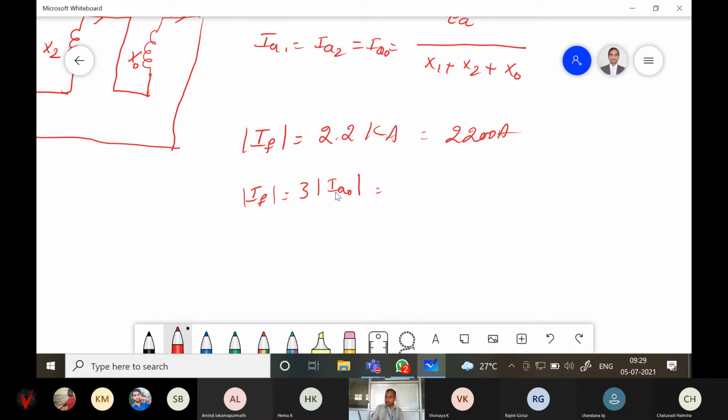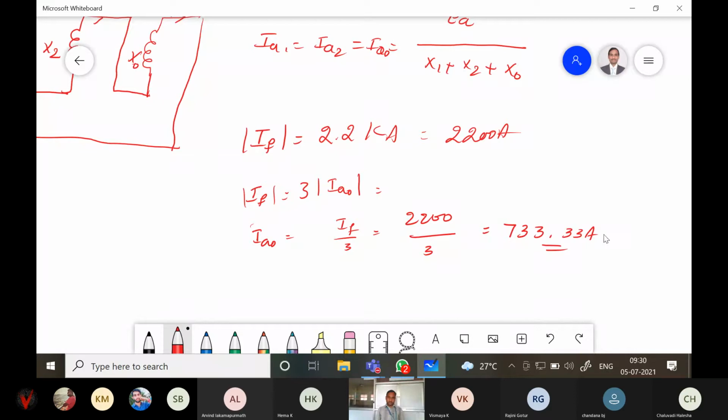So from this you can calculate IA0 is equal to IF divided by 3. IF is 2200, divided by 3. So what is the value of IA0? It is 733.33 ampere, right?